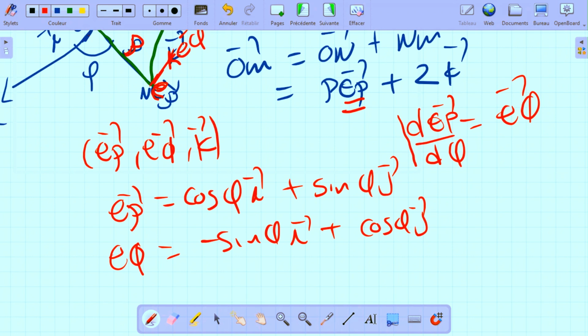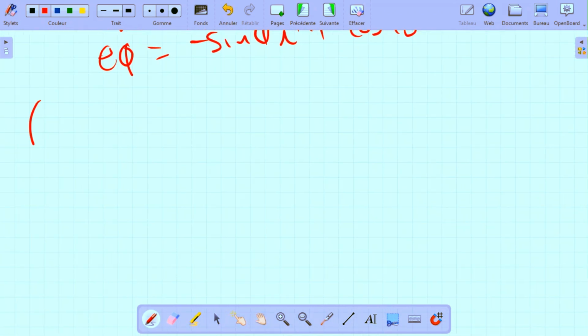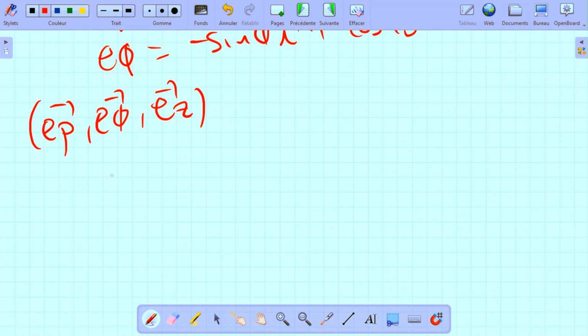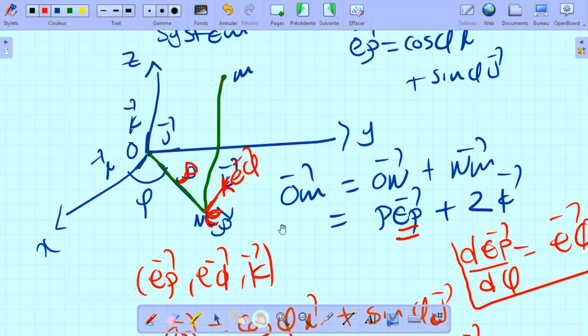So we found e phi from this property. The unit vectors associated with the cylindrical coordinate system are the same ones, e rho, e phi from the polar coordinate system, then e z or k. So these are the basis vectors that are associated with the système de coordonnées cylindriques.